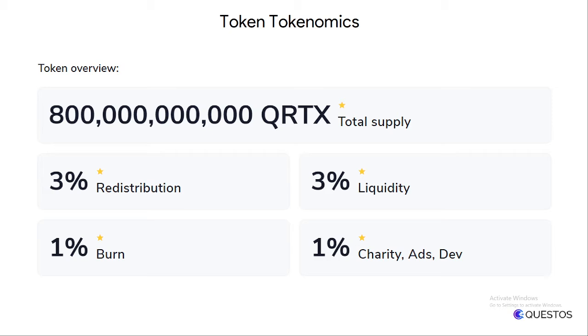We have a redistribution of 3%, which is nice because all of you will get more coins while holding. 3% auto liquidity. There is another problem we are talking about. 1% burn, which is fine, and 1% for charity, ads and development, but there's also a problem.